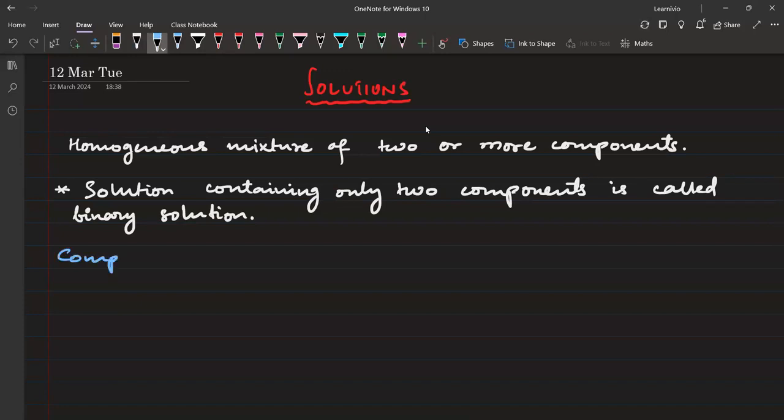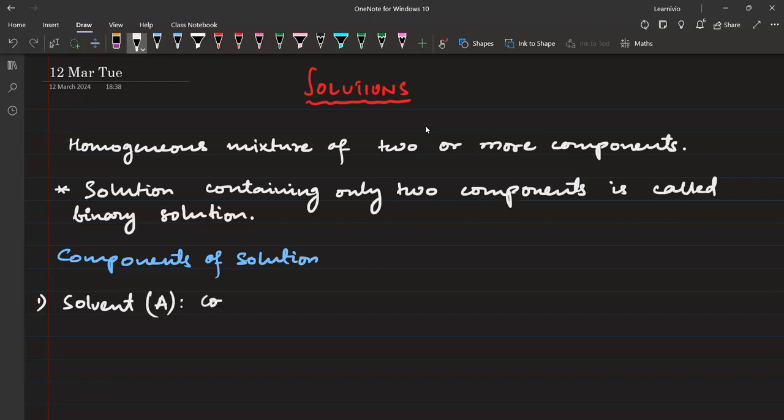So they have names. Components of solution. The component which is present in larger amount is known as solvent, and we will be denoting solvent by letter A. What is solvent?